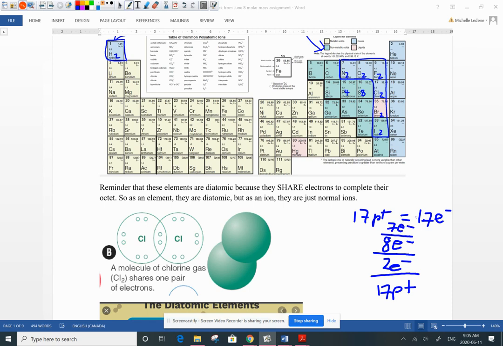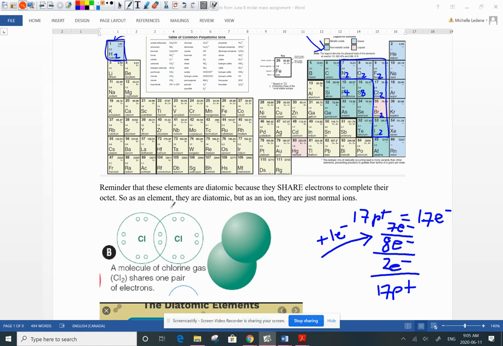So a chlorine atom doesn't have a full octet. To get the extra electron that it needs, it can either gain an electron from a metal like sodium in an ionic compound, or it can share electrons.